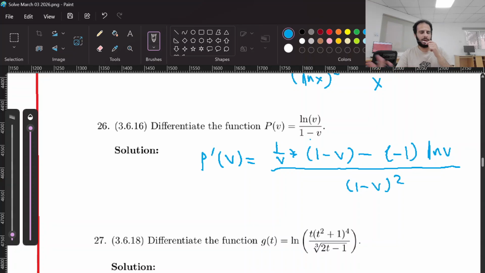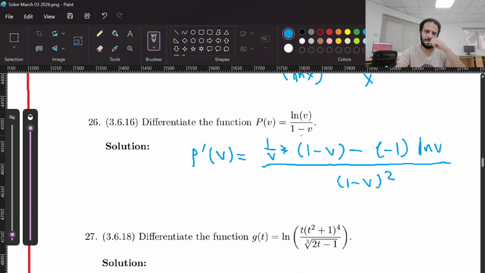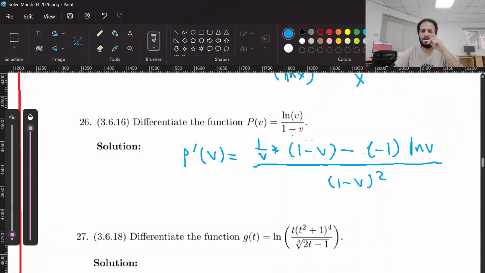Yes, thank you. Is there a need for simplifying, or is this good? I mean, your professor asks you to simplify these things, or just apply the rule? He doesn't ask for simplification, just the rule, and that's it. So it's just practice for applying the rule. But if you want to, you bring the coefficients, and on the bottom, it's 1 minus v whole squared for the denominator.